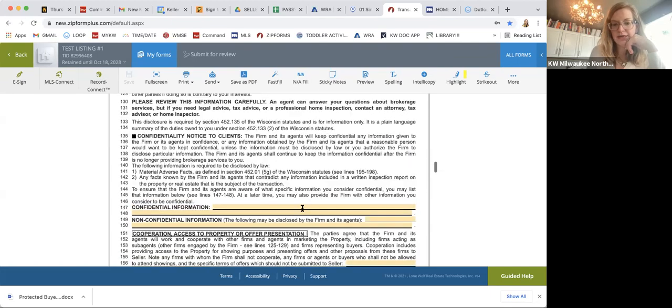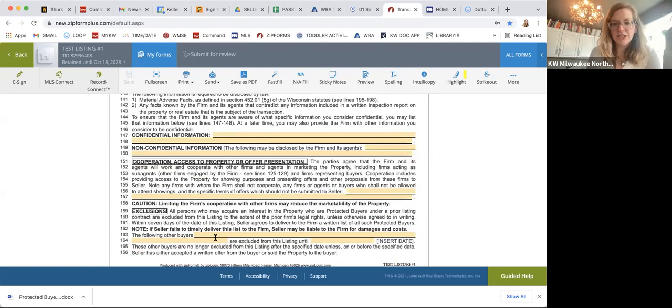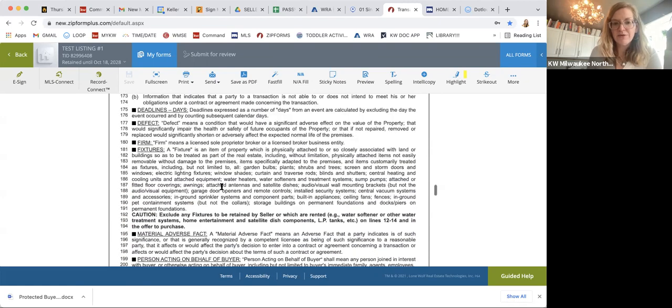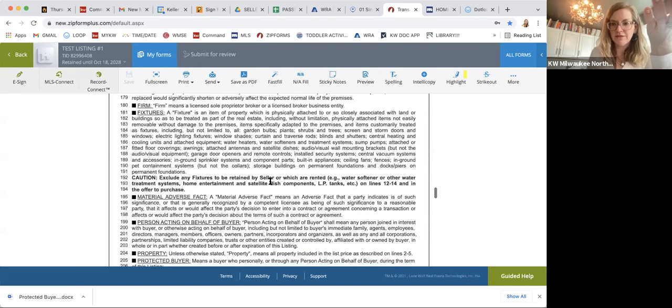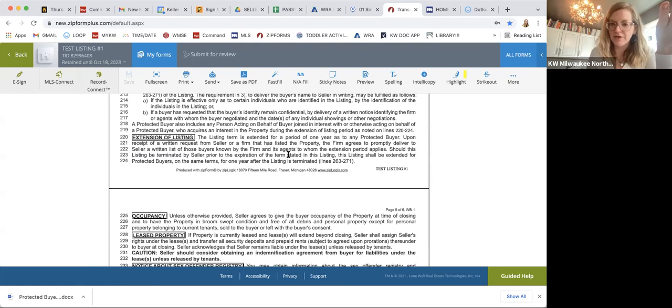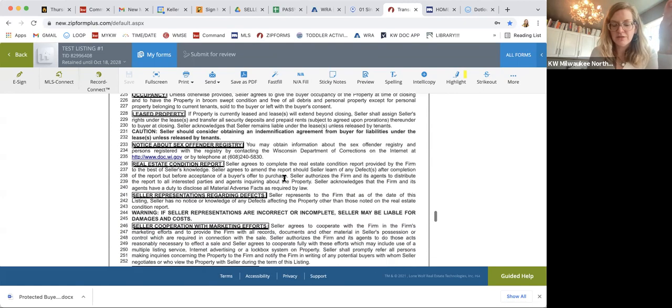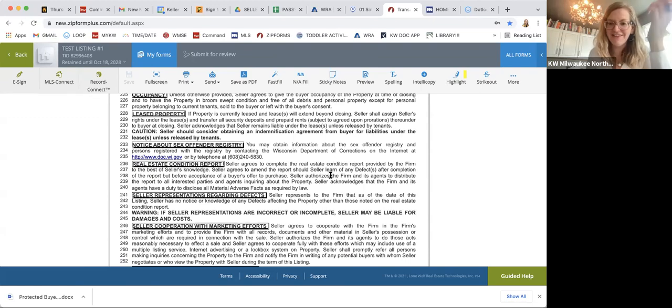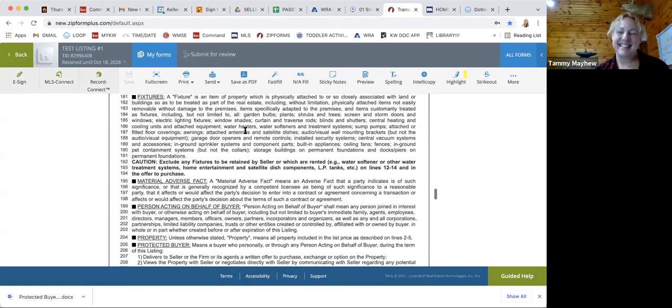I am going over each section, but I think it's fine to refer back to the definitions, the most common terms you'll find in a transaction. You would never tell your client to just read this and let me know if you have questions. No.